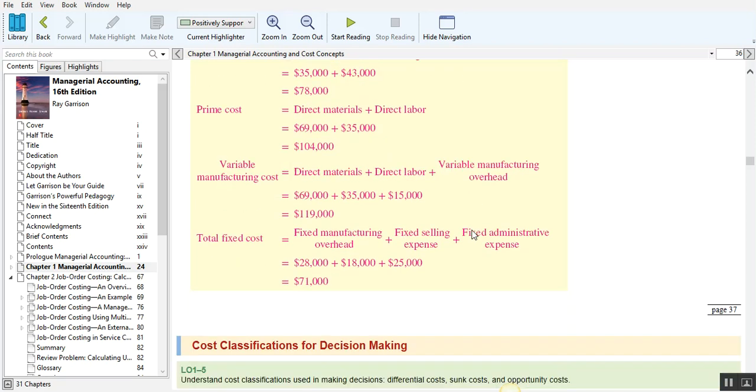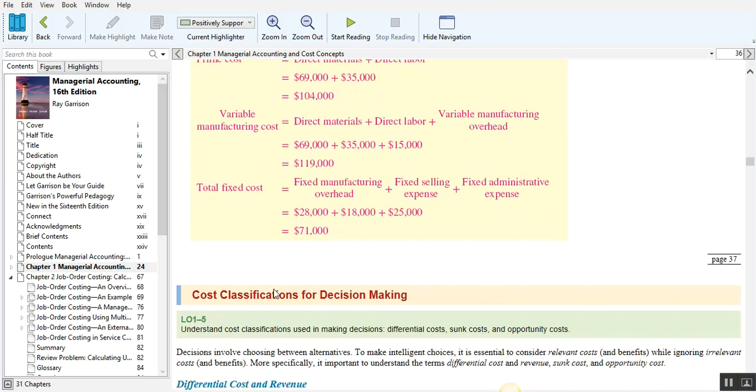And then we have a total fixed cost, which is going to be the fixed manufacturing overhead plus fixed selling expense plus fixed administration expense. So with a fixed cost in manufacturing, you may have rental for the manufacturing space. That would be fixed.